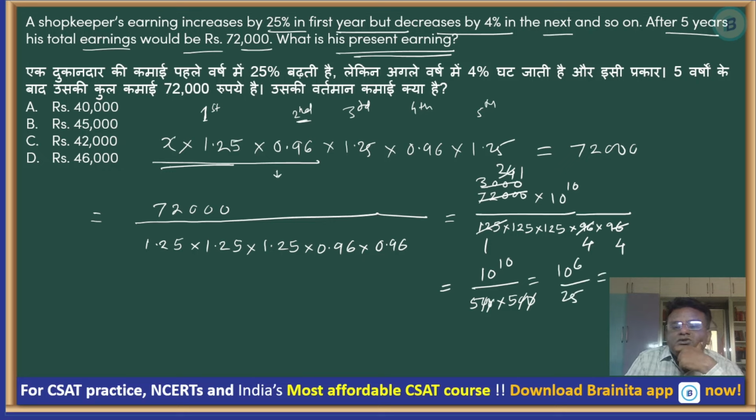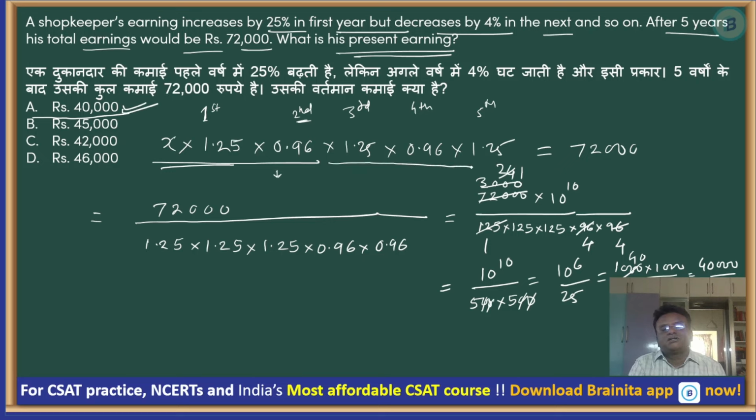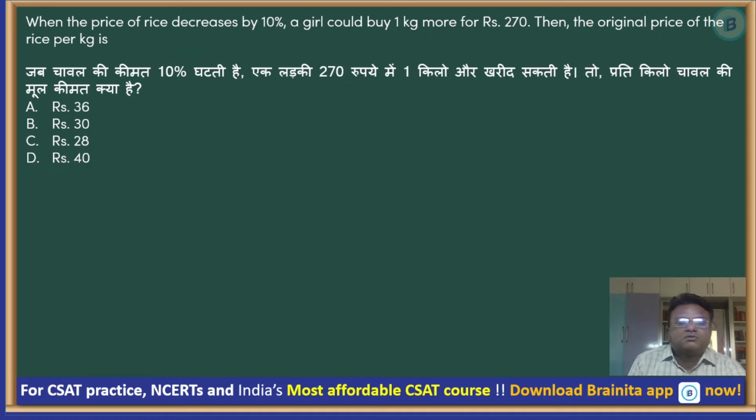So 10 raised to 6 is 1000 into 1000 divided by 25. So I know that this is 40,000. 25 times 4 is 100, and the answer is 40,000. So that's your answer, option number A. Okay, very simple question, but we need to understand how this basic equation should be framed. Let us move to the next one.